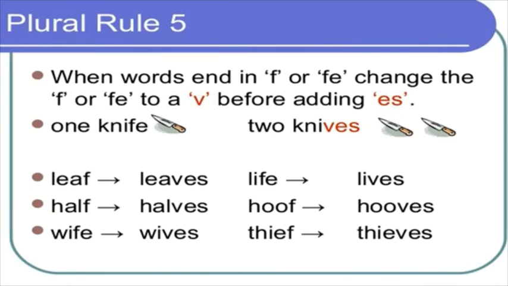Again, if a noun ends with f letter or fe, we have to pluralize it by removing f or fe letters and adding ves. For your further studies, here there are 6 words. Please read these words and learn how they have been pluralized.